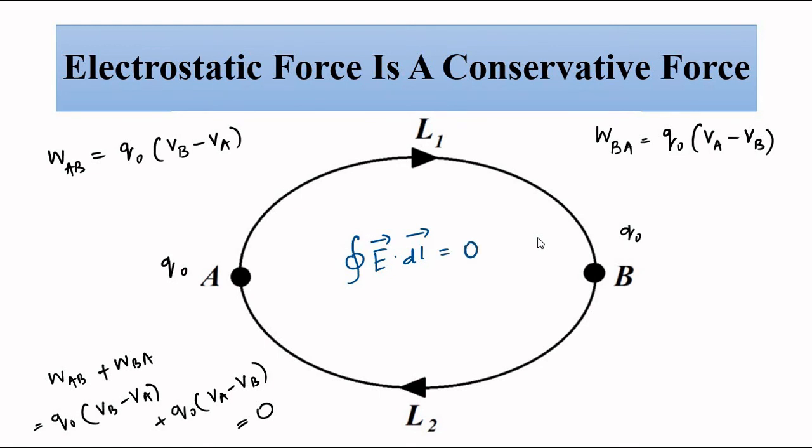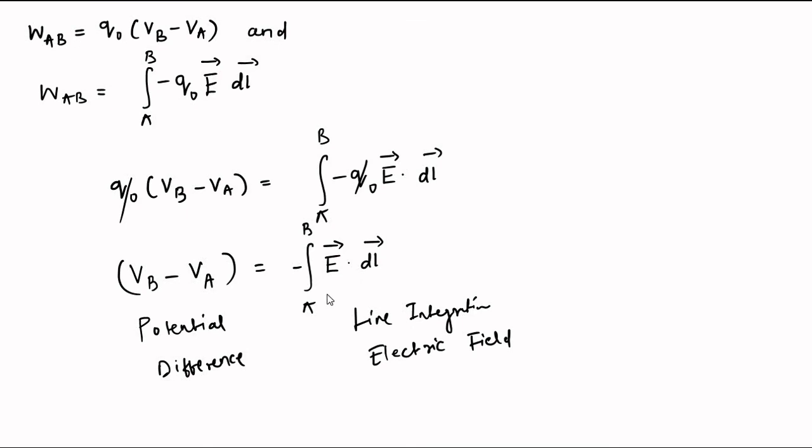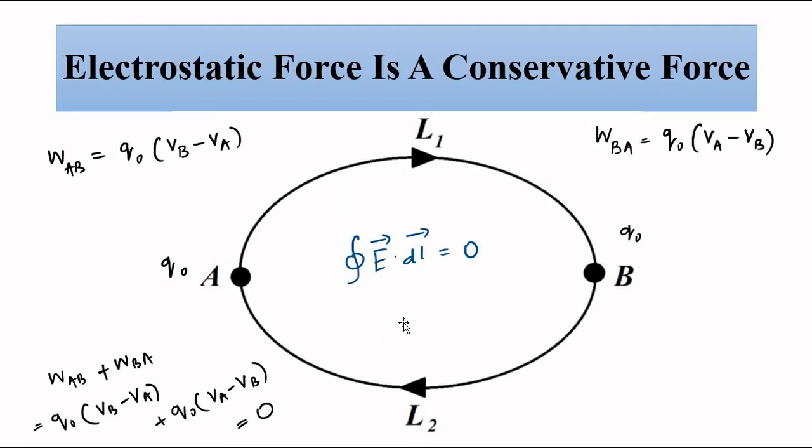We concluded that potential difference is the line integration of the electrostatic field between the same 2 points. So here, as the work done is 0, we can say that the line integration of an electrostatic field around a closed path is 0. This is another important conclusion.